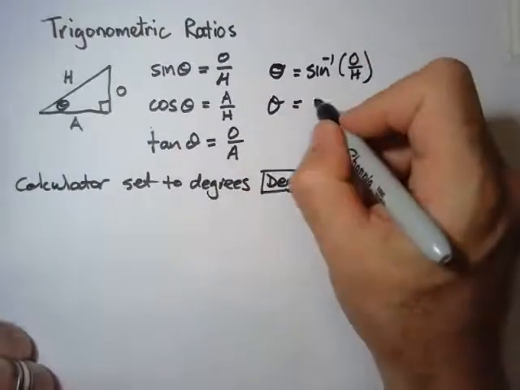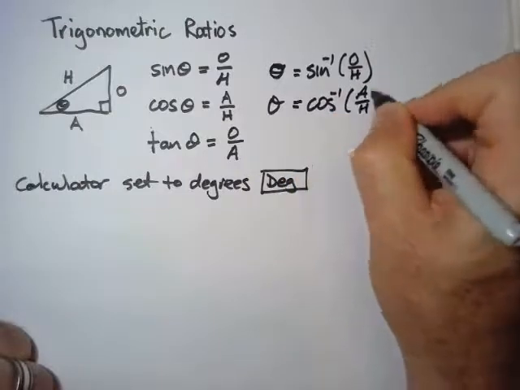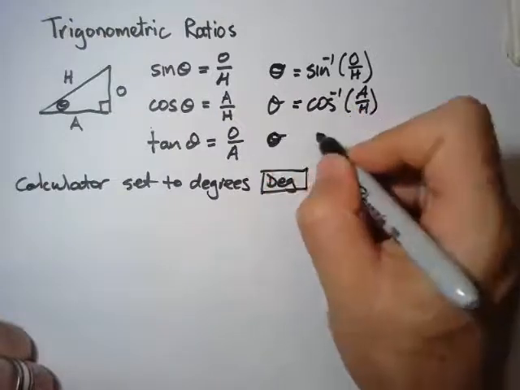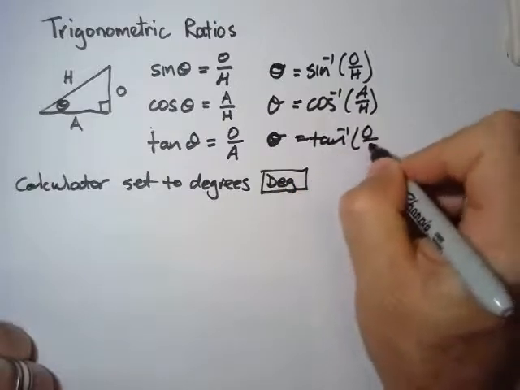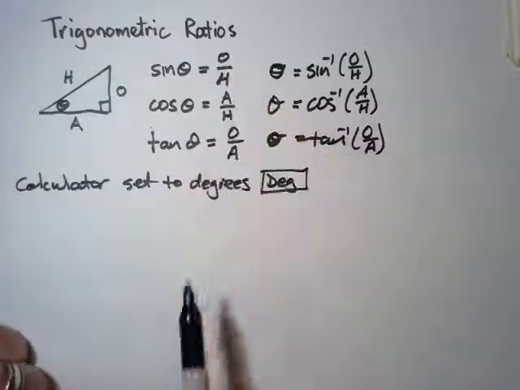Theta can equal the inverse cos, or the arc cos, of adjacent over hypotenuse, and I can also calculate the angle theta as the arc tan of opposite over adjacent. So you can either find an angle or you can find the ratio.